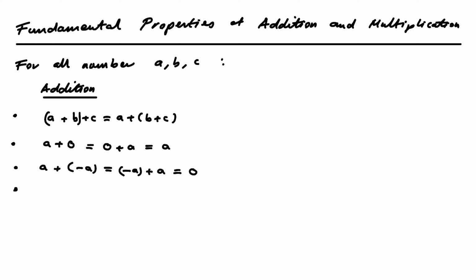Finally, and I've already alluded to this a second ago, a plus b is equal to b plus a. The order does not matter. So these are the absolute foundational properties of addition. They are the most important core properties of addition. Let's do multiplication.